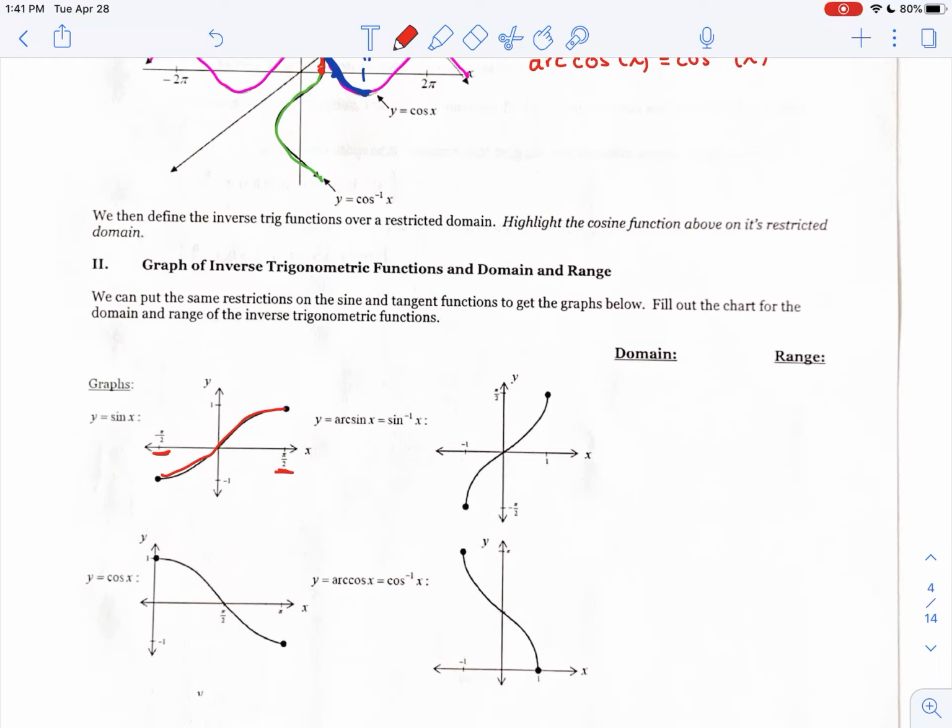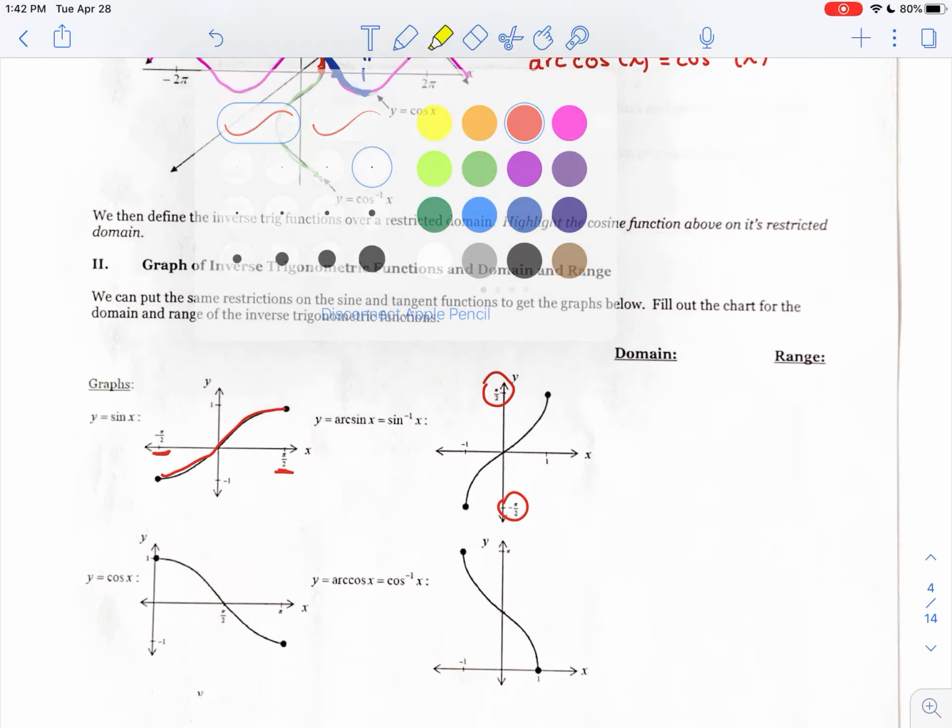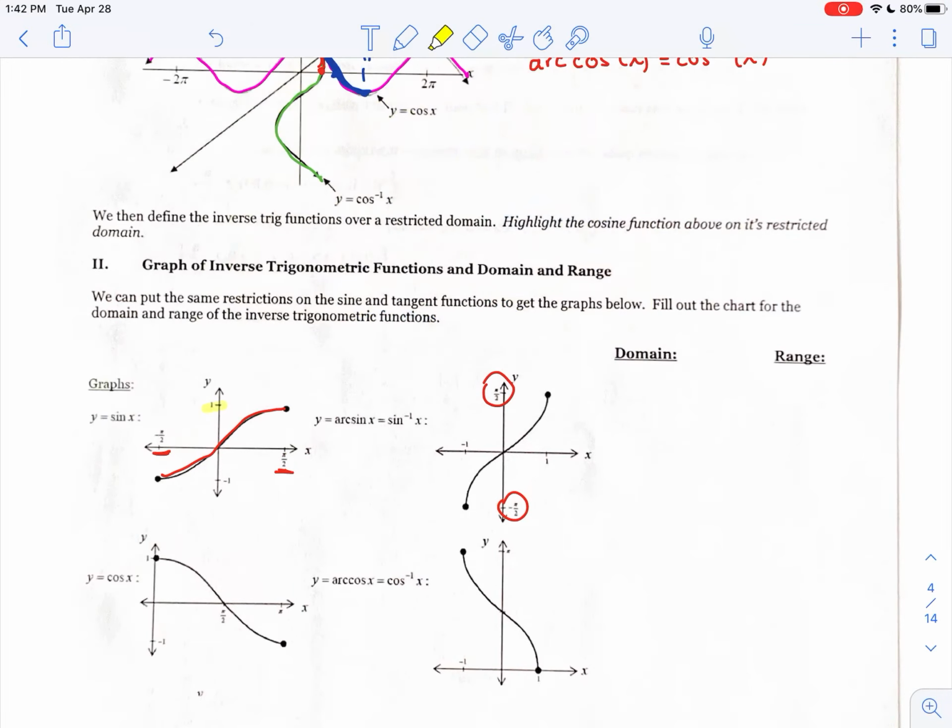So when I take that and I flip it across y equals x, now the x coordinates, or the domain, becomes the range, and the range becomes the domain of the other function. So I'm going to highlight that in a different color for you guys. So this 1 and this -1 now becomes the domain.